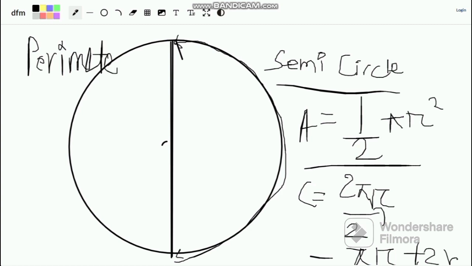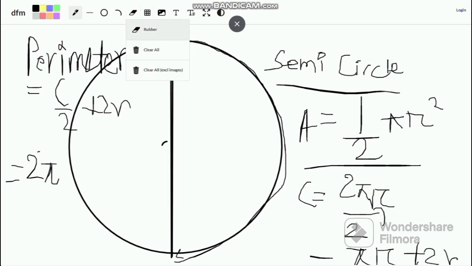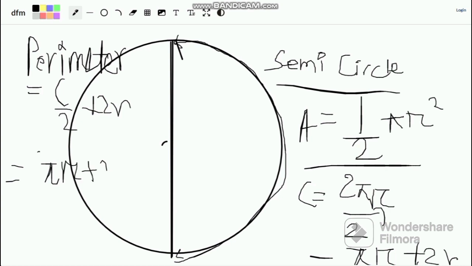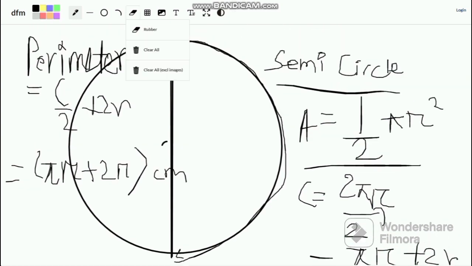That means a perimeter is c by 2 plus 2r, and the value of c is 2 pi r. I'm just gonna ignore the 2 for now because we have already written it here. So this is gonna be pi r plus 2r. So this much you have to know for semicircle to the extent of the O-level syllabus.